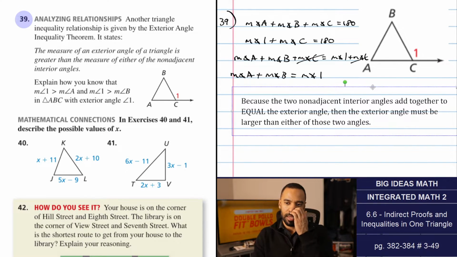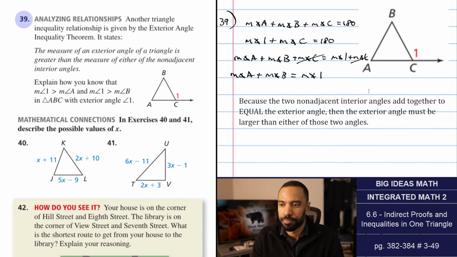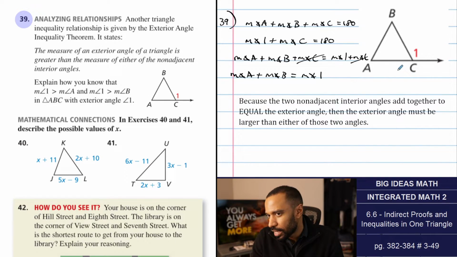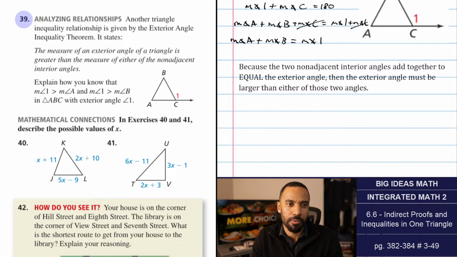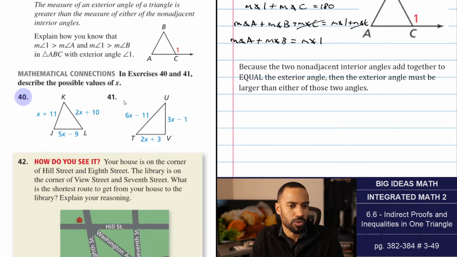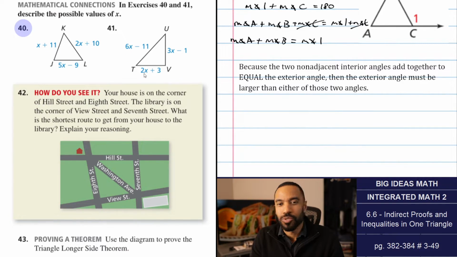Because those angles need to be, it needs to be larger than them. No angle can be negative. No angle can be 0. They're going to be positive, but then that has to be bigger than it that way. That's how I'm going to reason with it. It works with me. Hopefully it works with you.